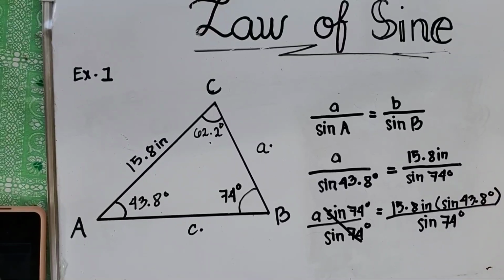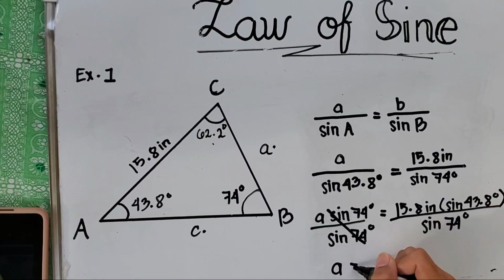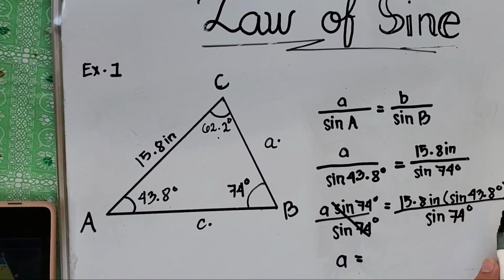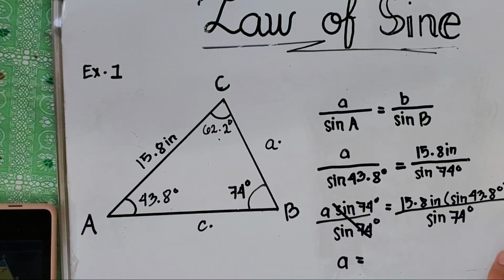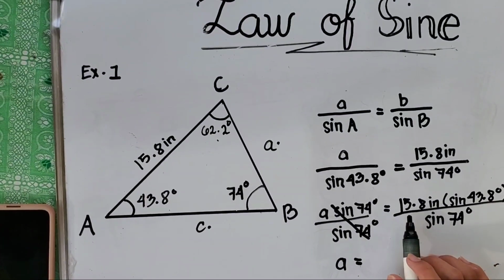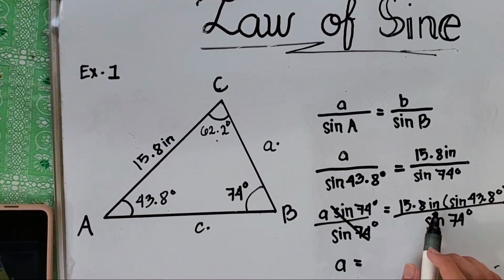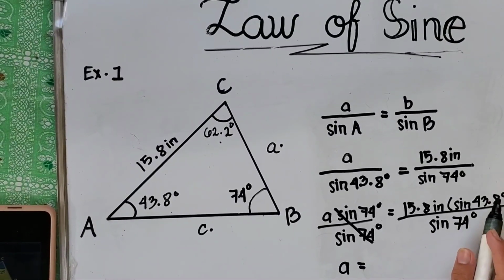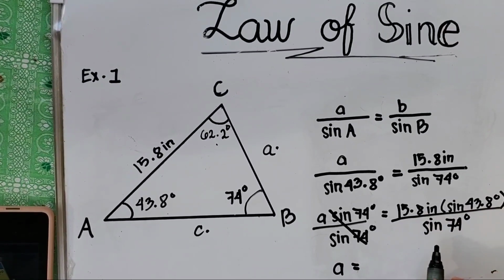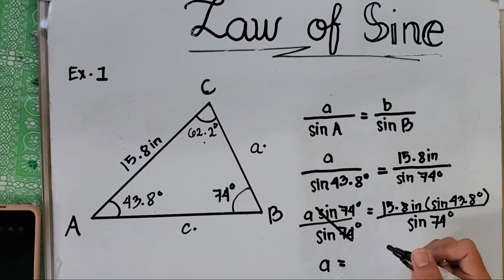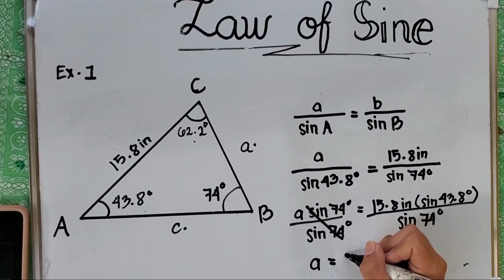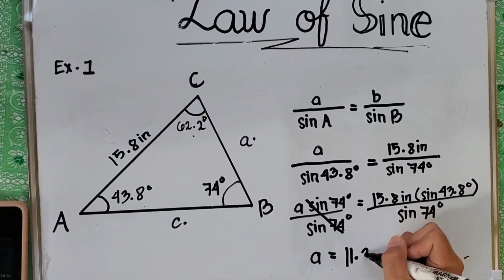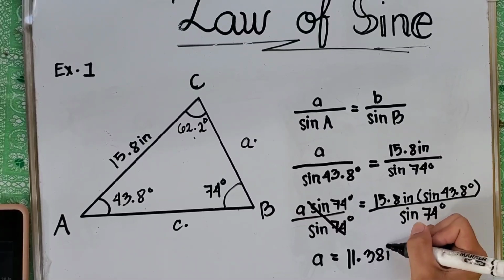Next, our last step is to solve this in your calculator. If we solve 15.8 inches multiplied by sine 43.8 degrees all over sine 74, we get a value of 11.38 inches.